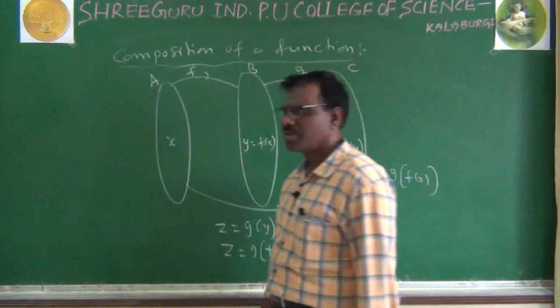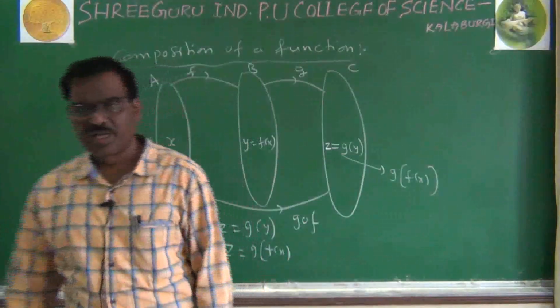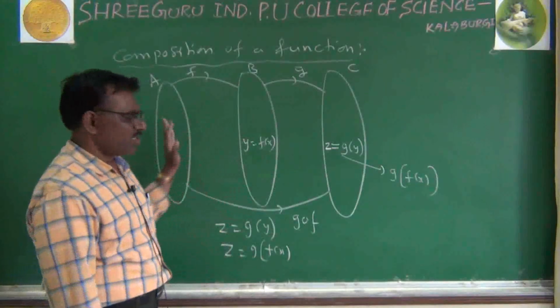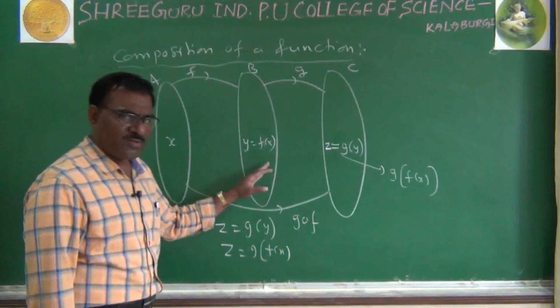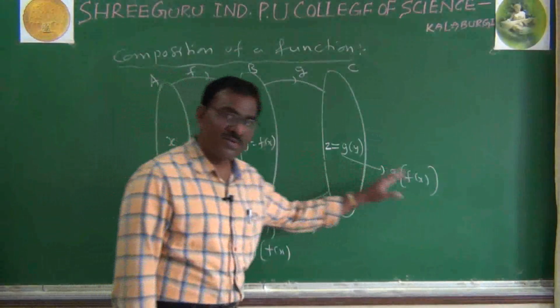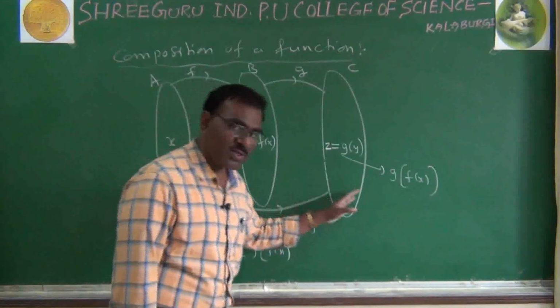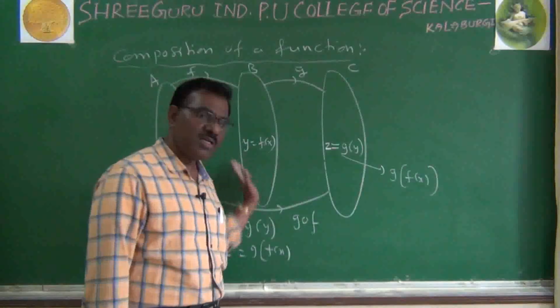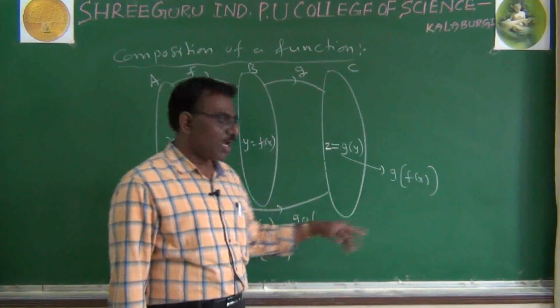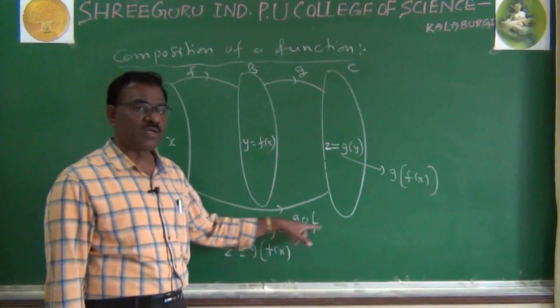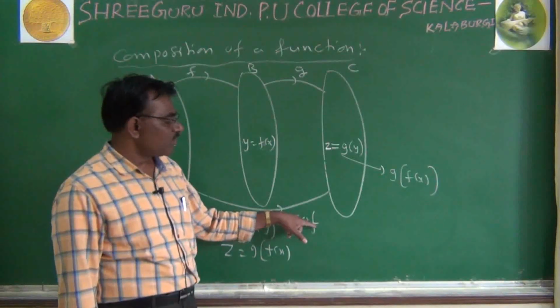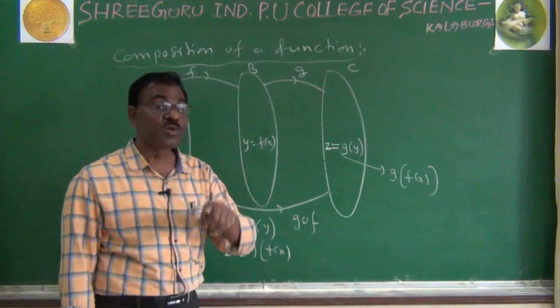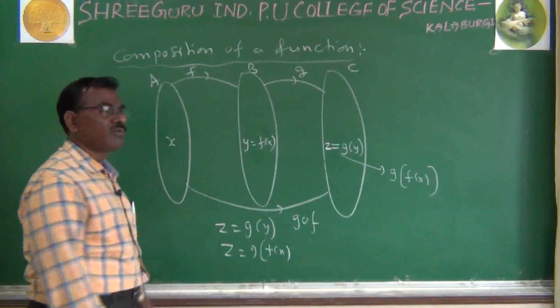So, very simple definition. I will repeat once again. y is a function of x, z is a function of x. When z is a function of x, this is the mapping from A to C. Composition mapping is A to C. g∘f from A to C is called the composition function.